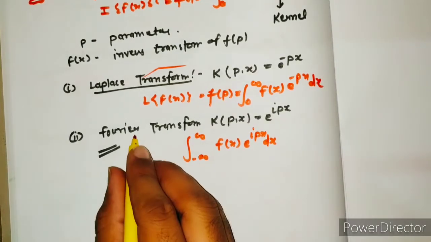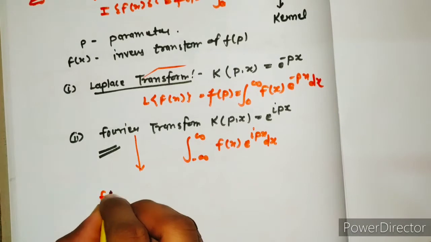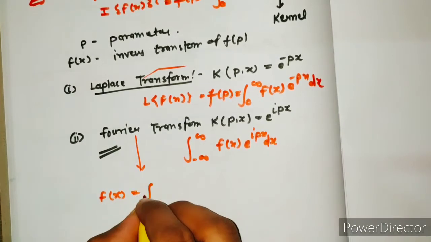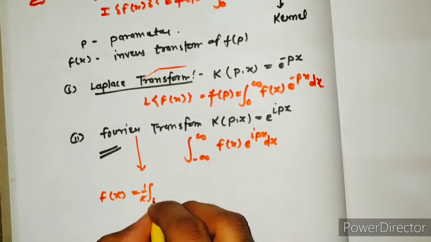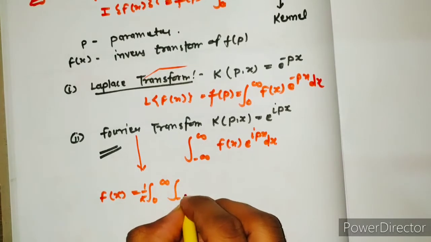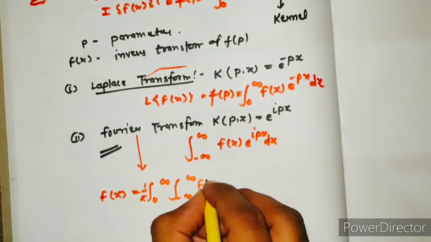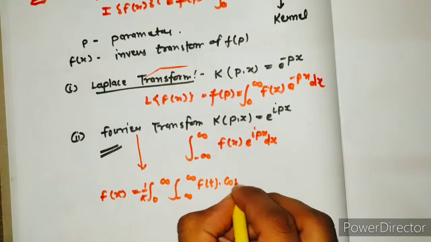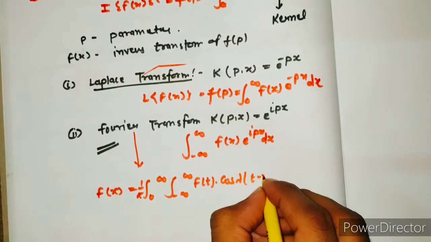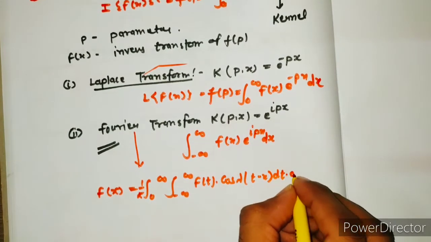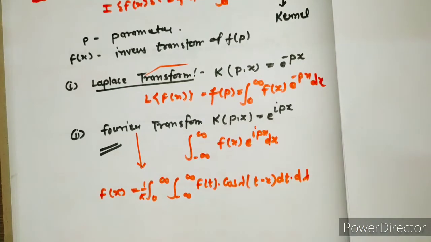The basic formula of the Fourier transformation: f(x) equal to 1 upon pi, integral from 0 to infinity, integral from minus infinity to infinity of f(t) cos lambda(t minus x) dt d lambda.